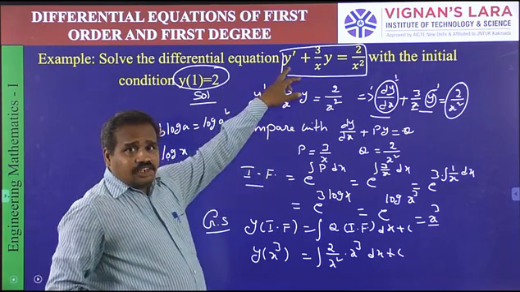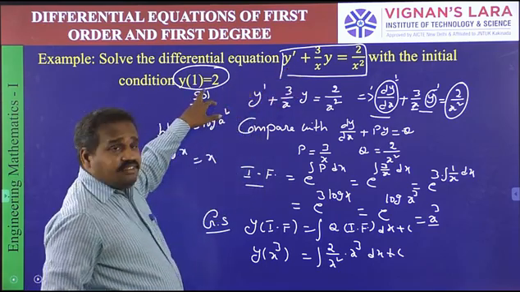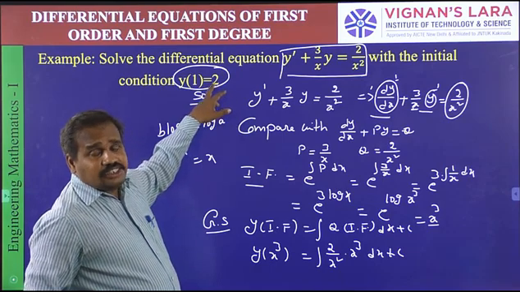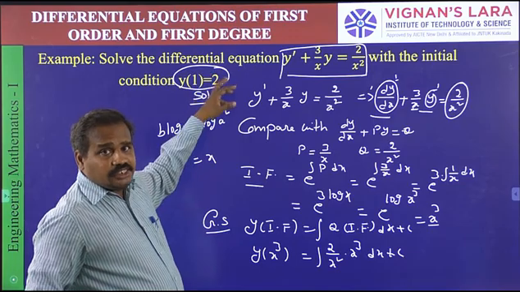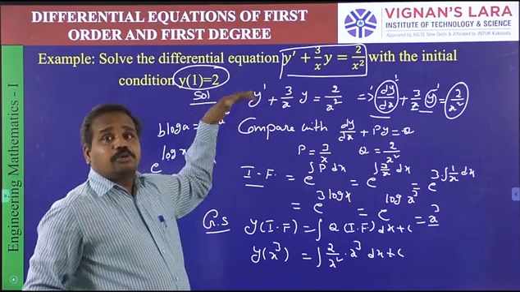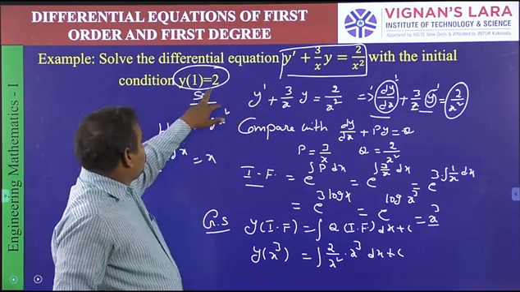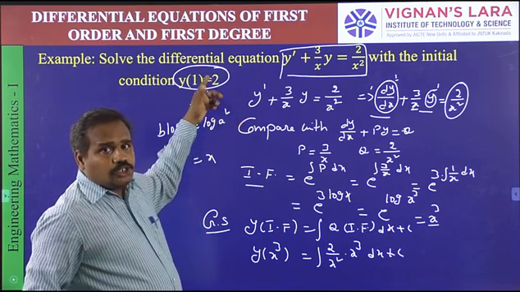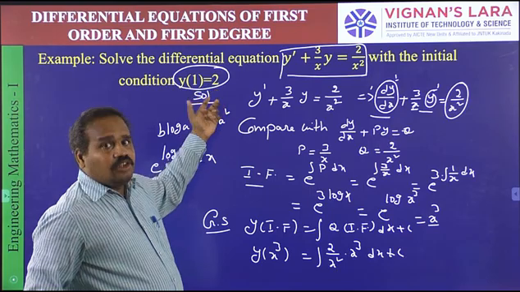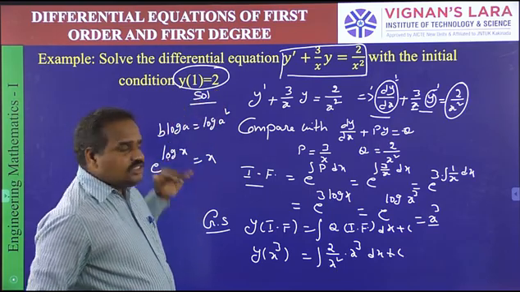Here it is a first order differential equation, and that's why he gave one initial condition. If it is second order, it may give two initial conditions. But here we are dealing with a linear differential equation, so only one initial condition. What is that condition? y of 1 is equal to 2. By using this condition, we are evaluating the constant value in this solution.